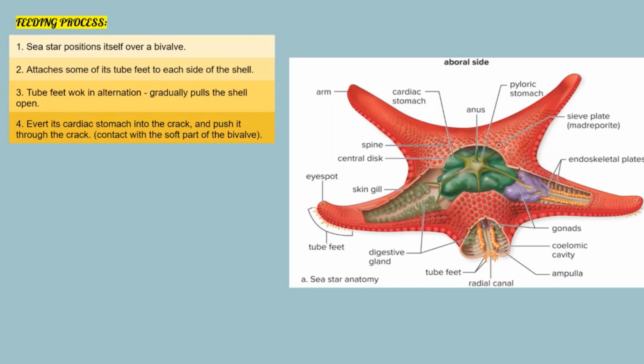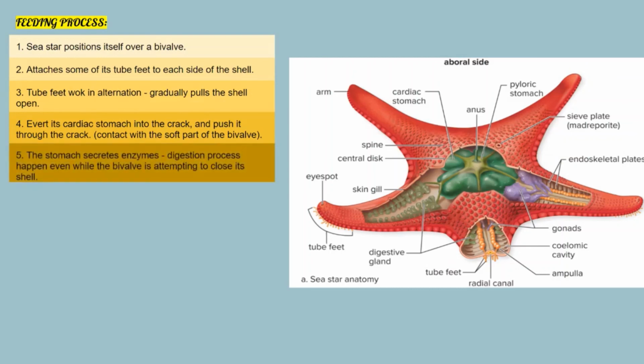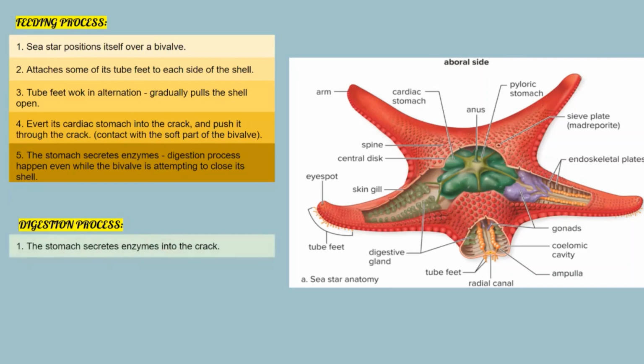So it will make contact with the soft part of the bivalve, and then the stomach will secrete enzymes, and the digestion process will happen even while the bivalve is attempting to close its shell. So when the stomach secretes enzymes into the crack, it will partially digest the food, which is taken into the sea star's body.